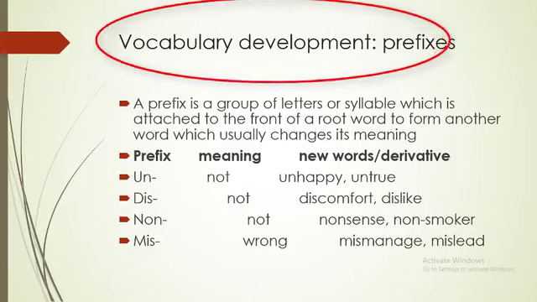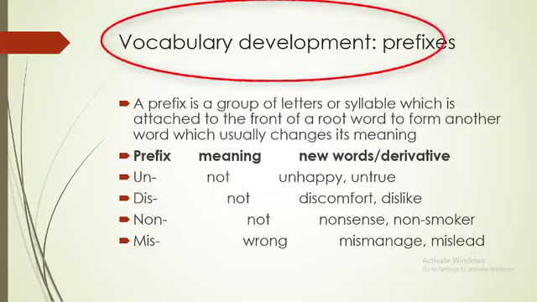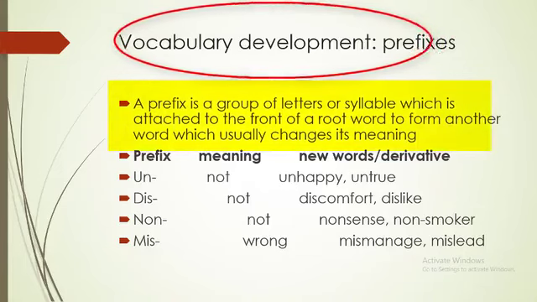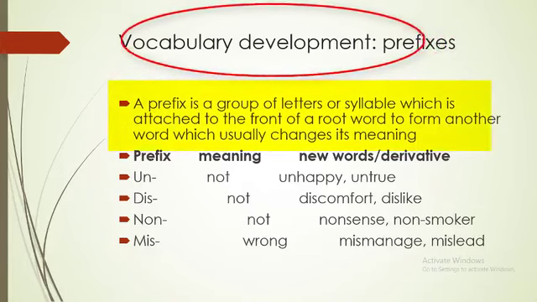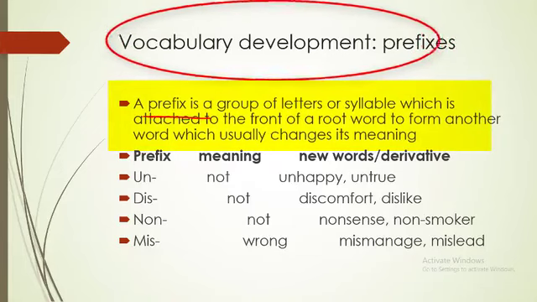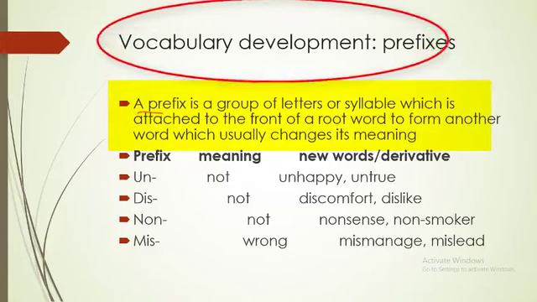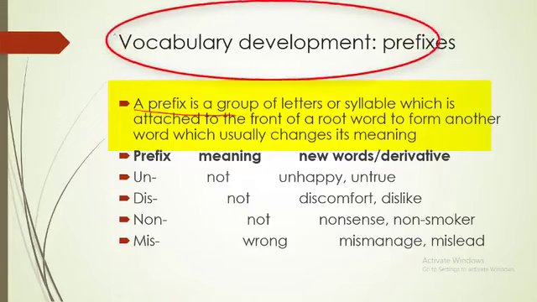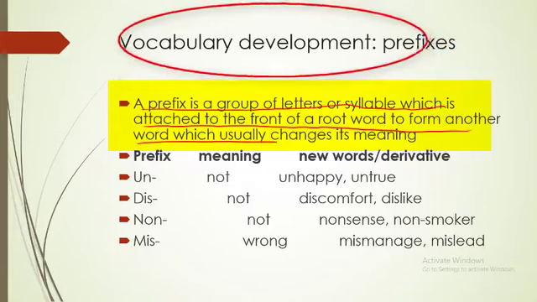Now let's focus on prefix. A prefix is a group of letters or word elements attached to the root word to give it a new meaning. For instance, we have happy.